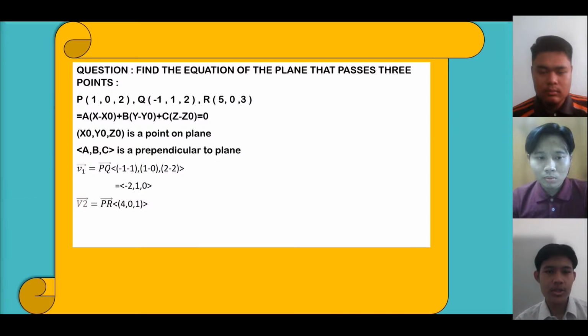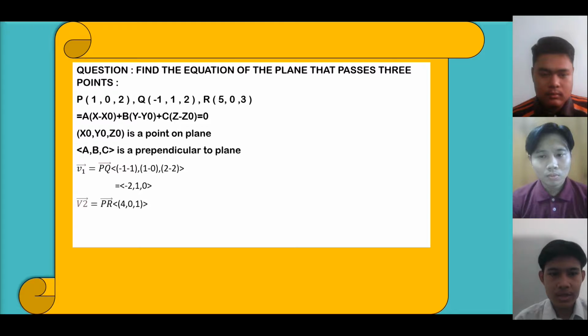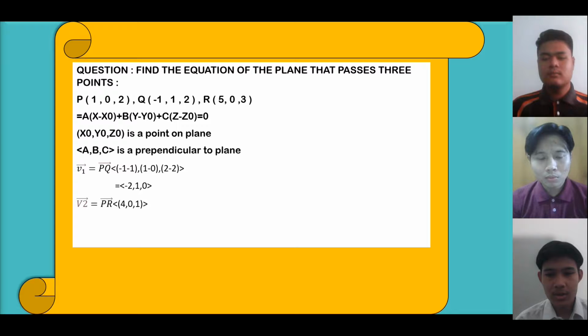So now we are going to do an equation for vector of plane. The question is, find the equation of the plane that passes through 3 points. For point P, there are 1, 0, and 2. For point Q, -1, 1, and 2. For point R, 5, 0, 3.